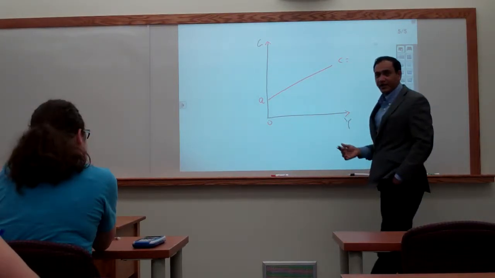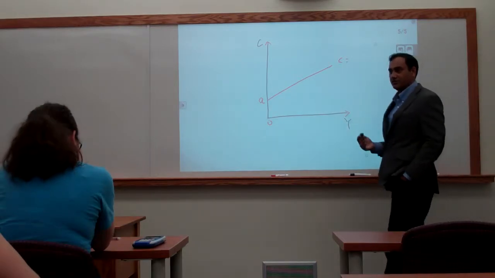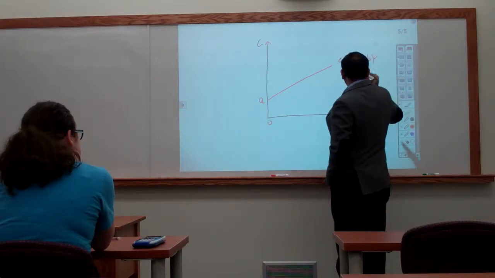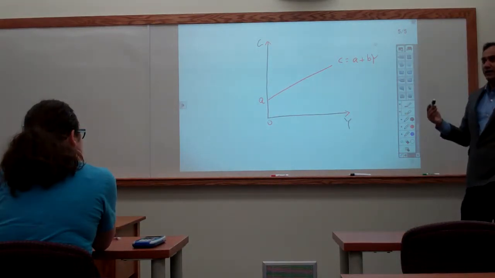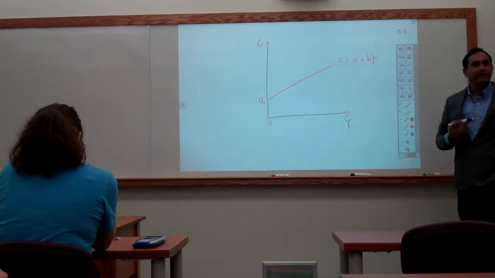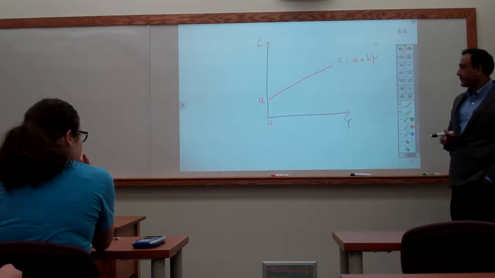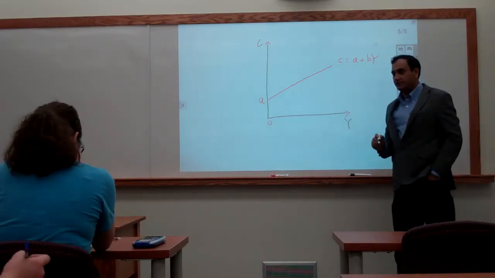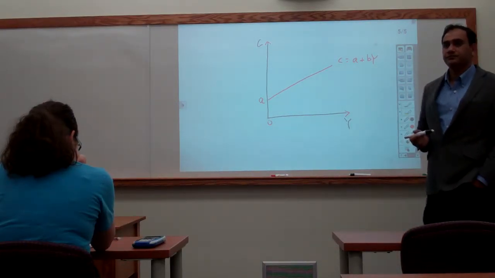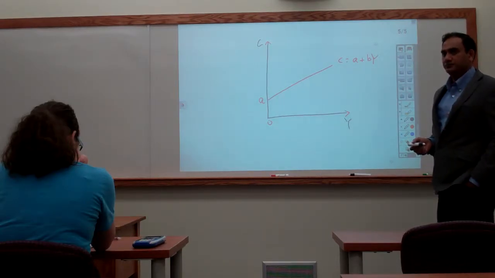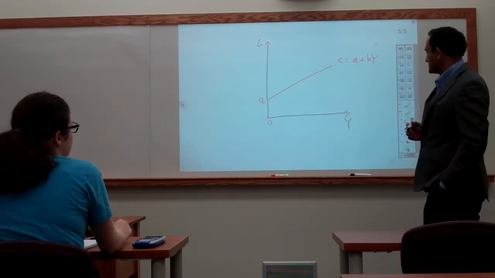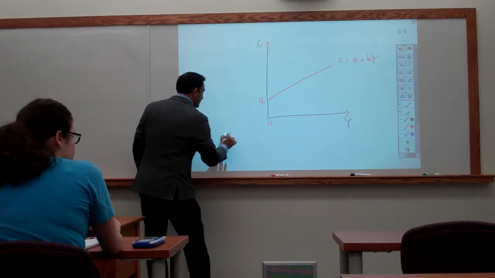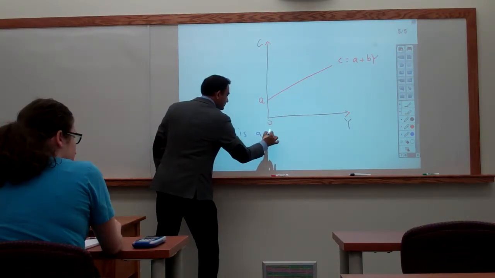Since it's a straight line, I can express it using a straight line equation, which is C equals A plus B times Y. I'll explain these terms. C is your aggregate consumption, and Y is your aggregate income in the economy. Okay. Now, what are A and B? What are those terms representing? Let's talk about it. Would A be your starting aggregate consumption? So let's start with A. A is autonomous consumption.